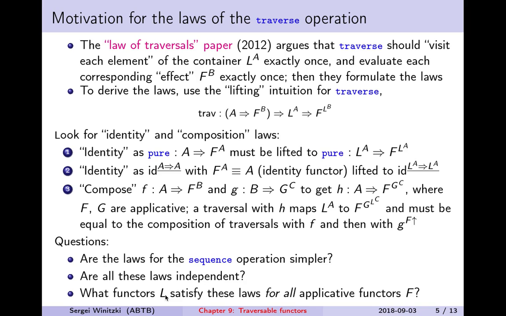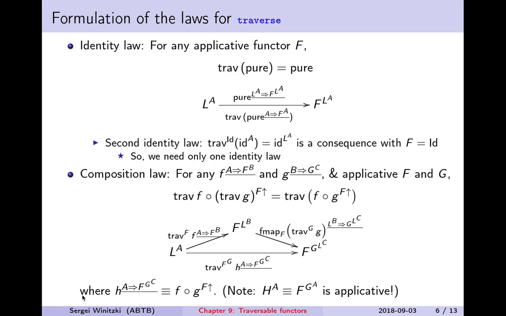And finally, with the laws in hand, we can try to answer the question of which functors satisfy these laws. We have found examples where we can implement the type signatures, but are the laws respected by those examples or not? So that's the questions that we have after this point.